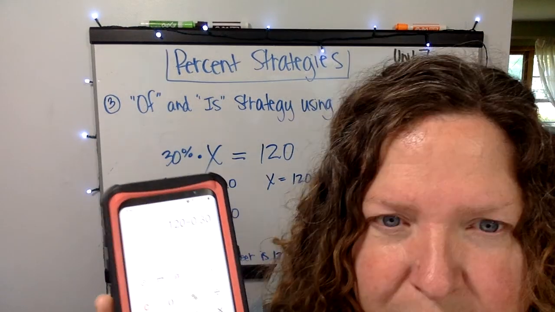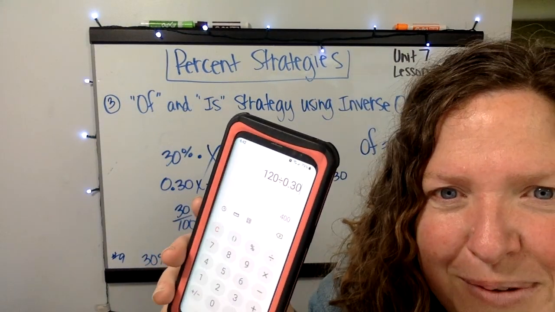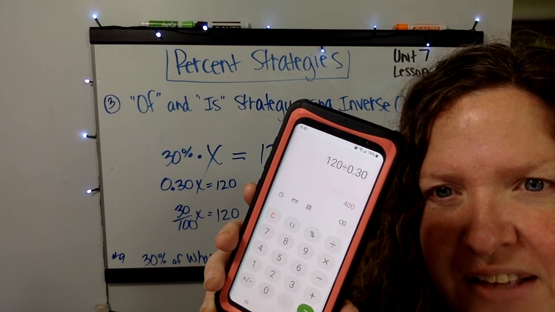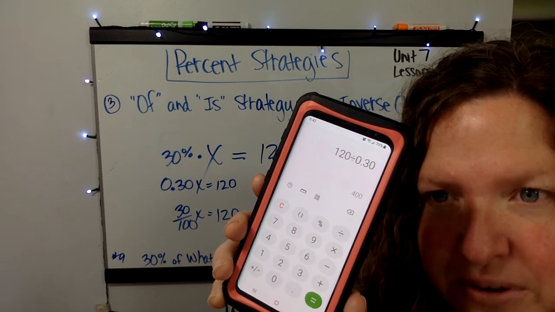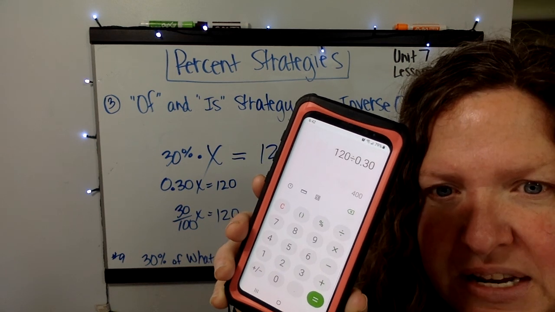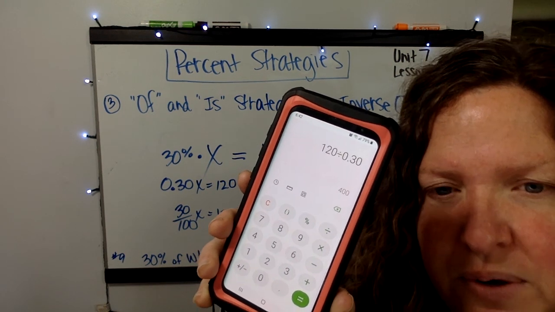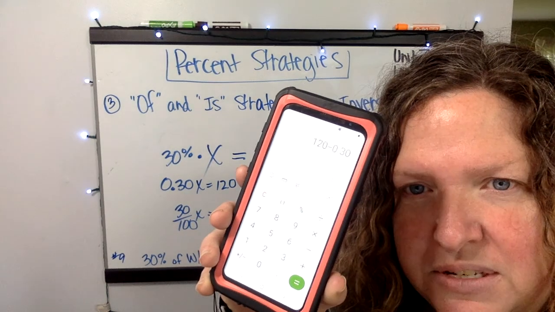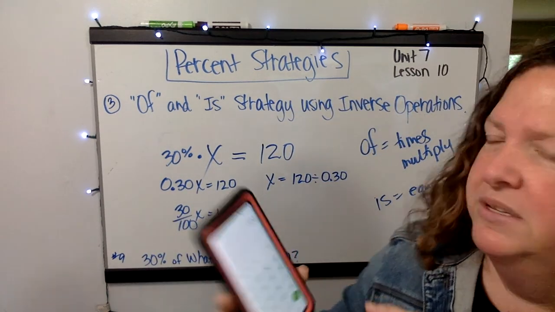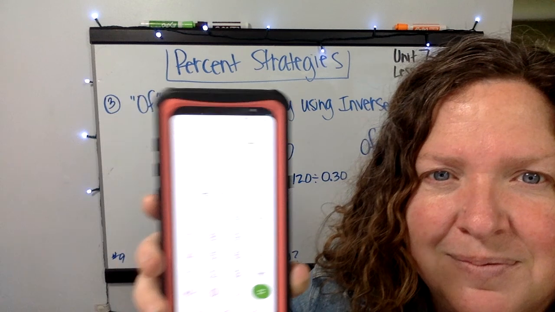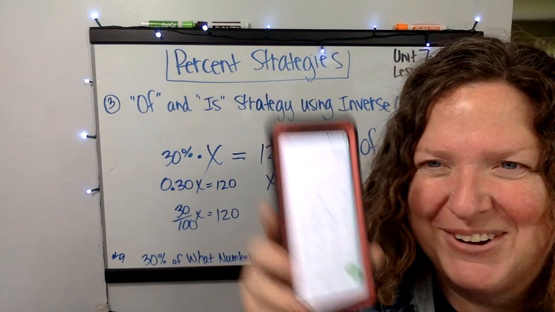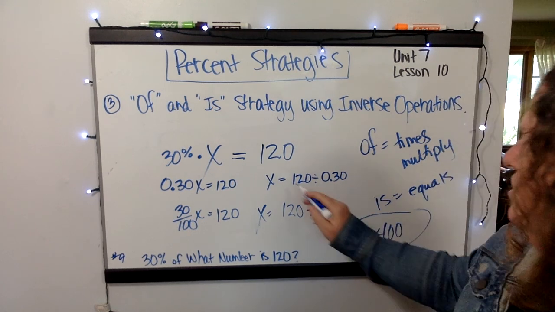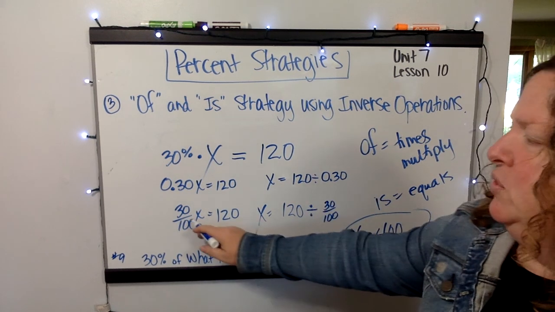I typed in 120 divided by 0.30, and then equals. That doesn't show up very well. There we go. 400.